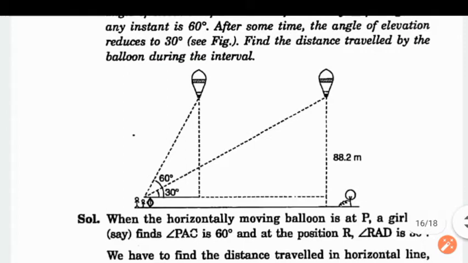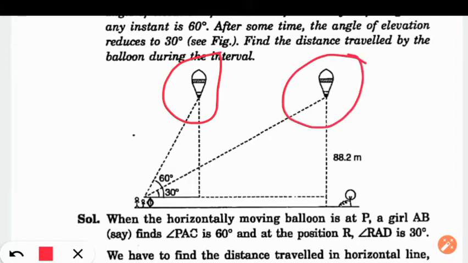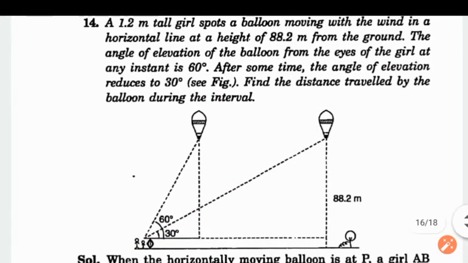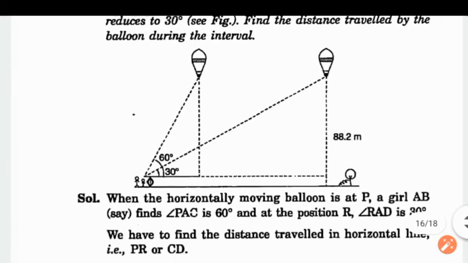After some time, what happened? Initially the balloon was here, now it comes here, and it makes an angle of 30 degree. What are we required to find? Find the distance travelled by the balloon during the interval. It was there, now after some time, during that time, what is the distance travelled by the balloon? We are required to find.